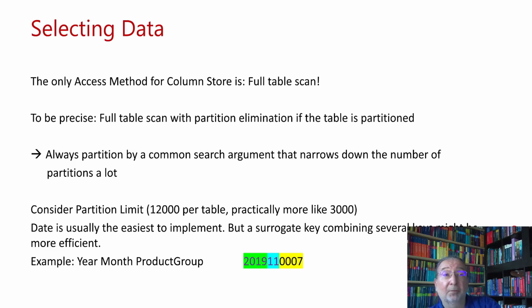Even if you do it by day and then you query for a whole month, where day is from-to, it will only scan the 30 or 31 partitions that contain that month. So that's very practical. Again, this is about helping column store be more efficient. If you only query a part of the data, that's more efficient than if you query all the data. Very simple concept.